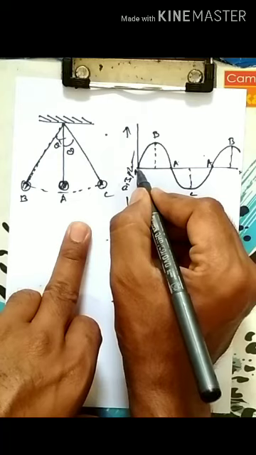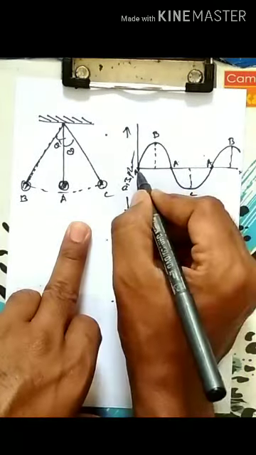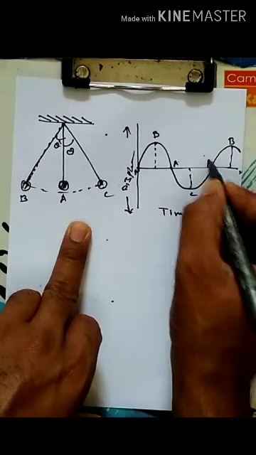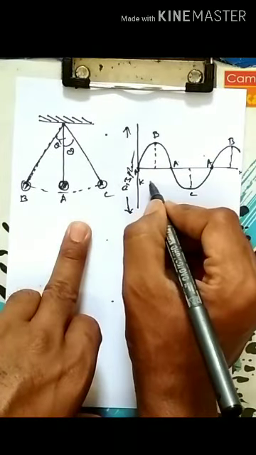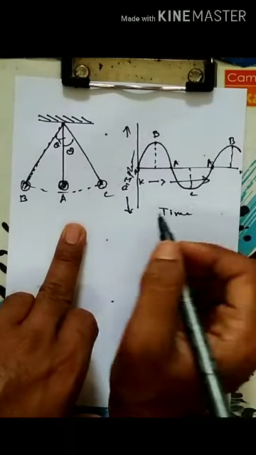So from this distance to that distance, means from A to this point A, a complete cycle, the distance you must know, it is called the wavelength lambda.